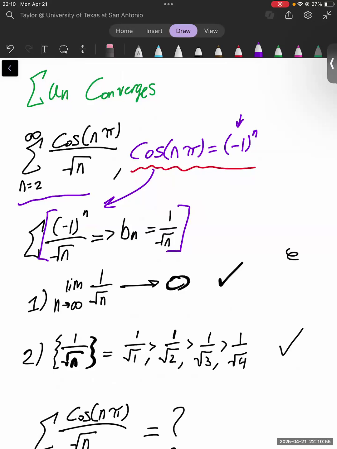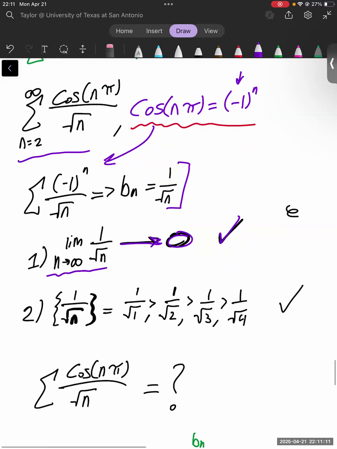As I'm sure most of you guys know, when I take the limit as n approaches infinity of 1 over the square root n, we see that this limit converges to 0, therefore condition 1 is checked. Now we need to see if this is a decreasing sequence.